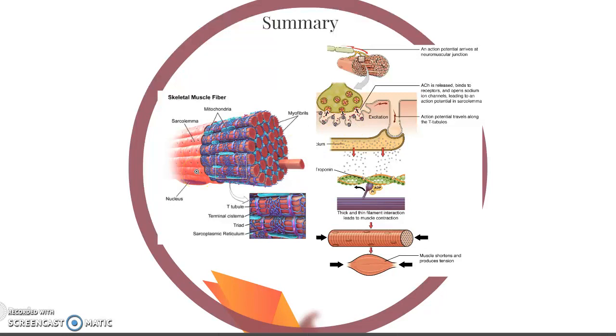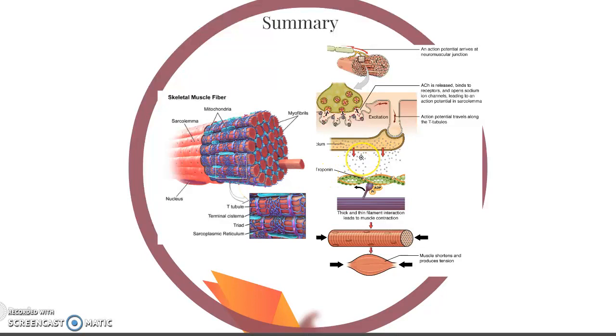So when these signals go down, here the action potential travels down through the T-tubule and reaches the sarcoplasmic reticulum and then induces the release of calcium from it. Here is the sarcoplasmic reticulum and these are the T-tubules, okay? So it's just a magnification of this part.